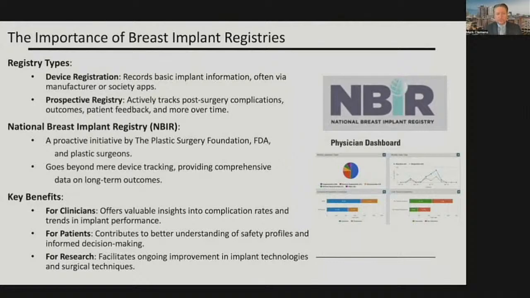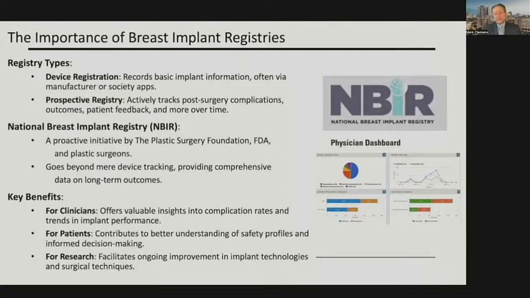It is one thing to register your device. That is basic breast implant information that is either given by a surgeon to an implant manufacturer, or utilizing an app by a national society to give the serial number information on that implant information. That's actually mandated by the FDA for manufacturers to collect that information. And while that is good, that is simply a device registration.